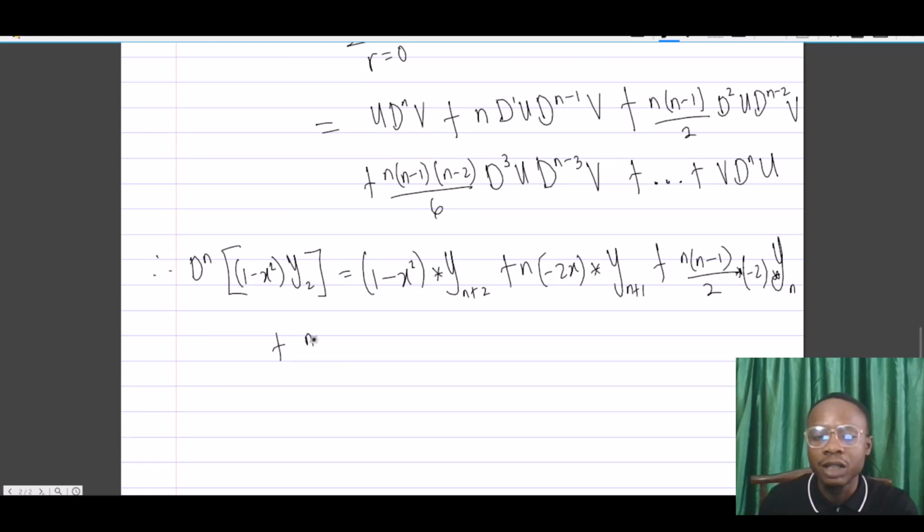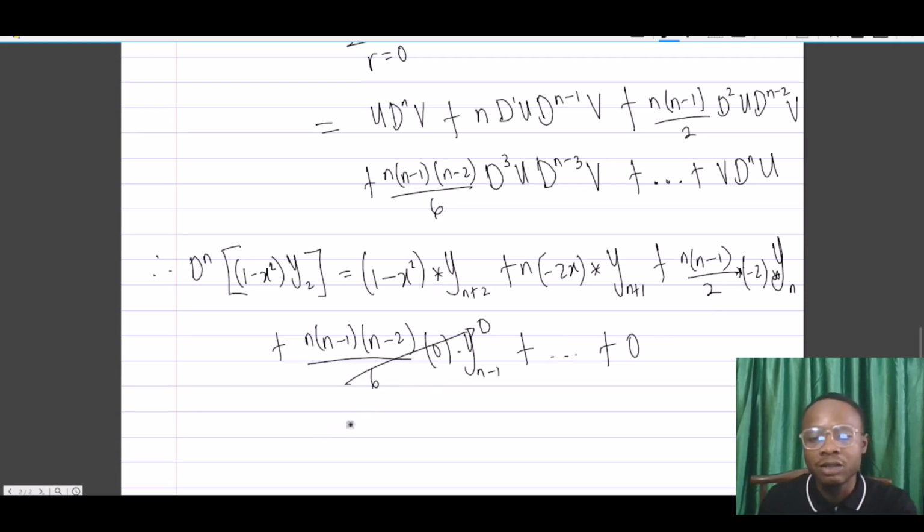So this is just going to be n into n minus 1 into n minus 2 divided by 6, then multiplied by the third derivative of u, which is 0, and for v this will be y sub n minus 1, and then it keeps giving us 0. So everything here will vanish to 0, so we don't have to bother about them.